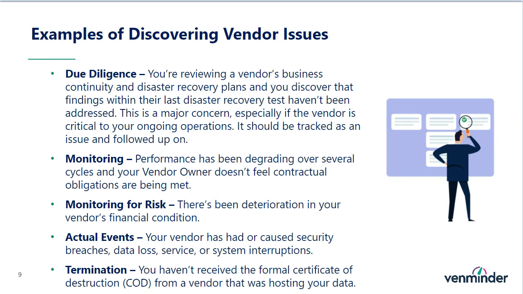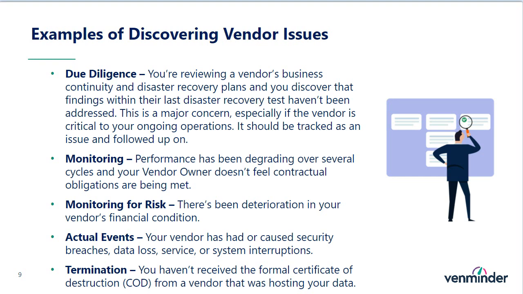So we covered why issues management is important, but let's dive a little bit deeper into some specific examples where you might discover vendor issues. Again, to reiterate, due diligence. You might be reviewing a vendor's business continuity or disaster recovery plan, or pandemic in particular if they have staff and human resources that support the product or service, maybe cyber.